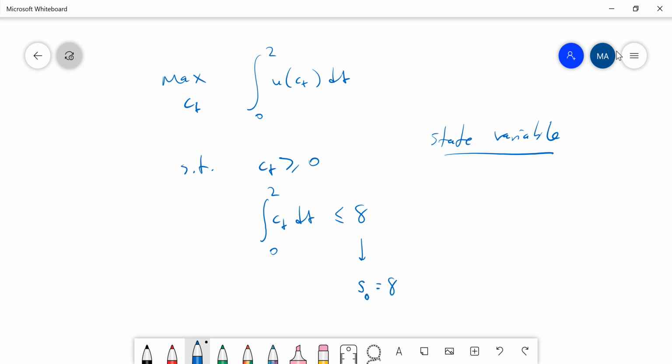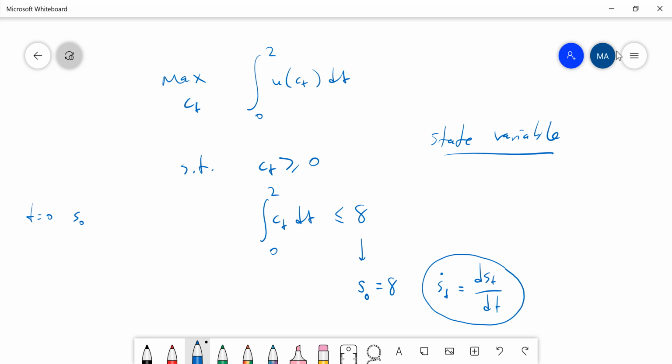S0 is 8. But now what you want to do is to understand, how does S change in time? In other words, you may want to formally define this. All right? Now, how do we do that for this problem? Let's say I'm at t equals 0.